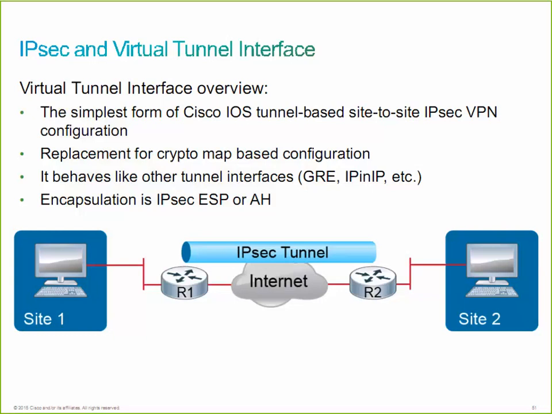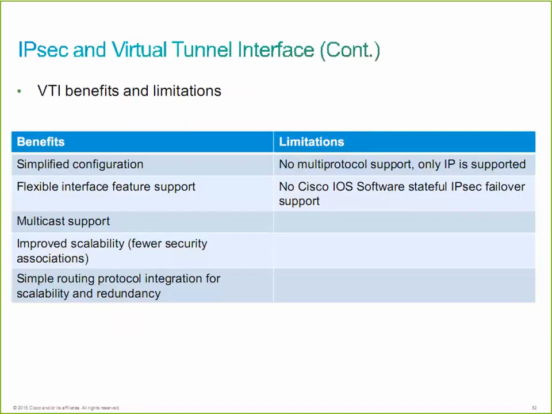Now, there are some benefits to VTI configurations. First of all, using virtual tunnel interfaces is much more appropriate if you're using a small deployment, hub and spoke type of deployment as well. It simplifies configuration. I've mentioned that a few times, right?